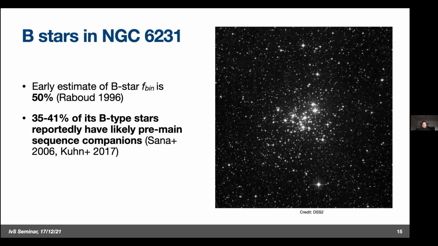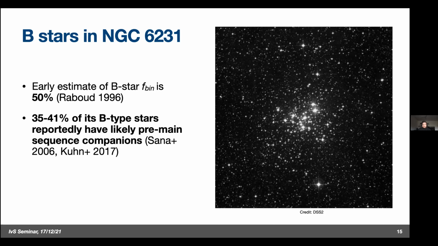And so there's an early estimate for the B star binary fraction that was found to be 50%, though this was based only on 2 epochs of observations. So the more observations you can get for binary studies, the better, really, along with the duration and length of that observational campaign, because you can observe more kinds of binaries.